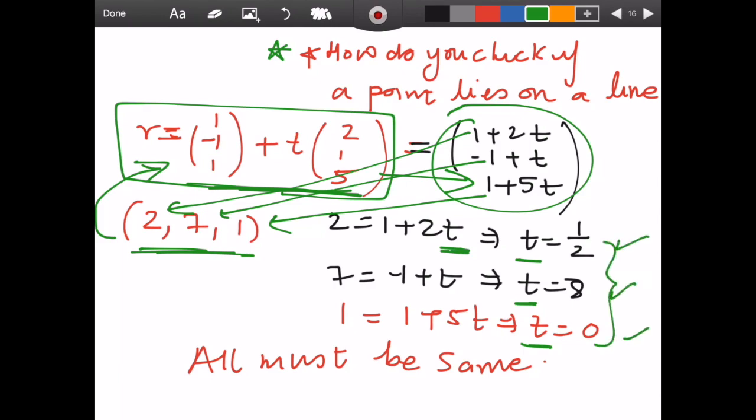If all the parameter values are the same, then the point lies on the line. Here, all the parameter values are different, hence the point doesn't lie on the line. Even if two of the values are the same and the third is not, you can say the point doesn't lie on the line. It's a necessary condition for the point to lie on the line.